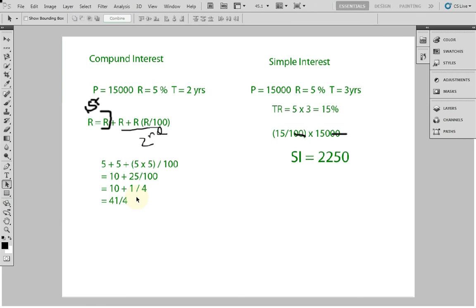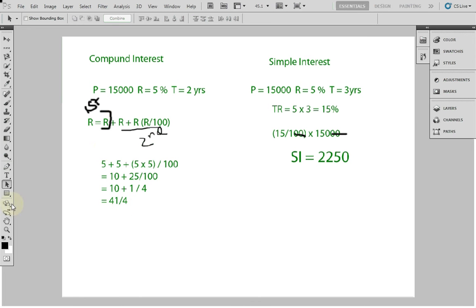It's R plus 5 plus 5 into 5 by 100. 5 plus 5 is 10, and 25 by 100 is 1 by 4. 10 plus 1 by 4 means 41 by 4. Here it is nothing but the rate we are calculating, so it's a percentage.